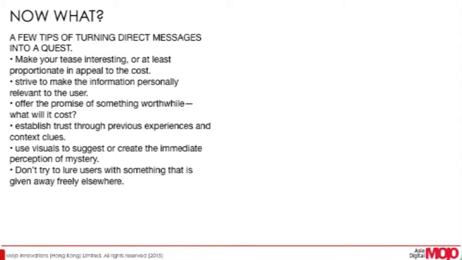Here we give a few tips for turning a direct message into a quest. Make your teaser interesting, or at least proportionate in appealing to the cost. And strive to make the information personally relevant to the user. And offer the promise of something worthwhile.